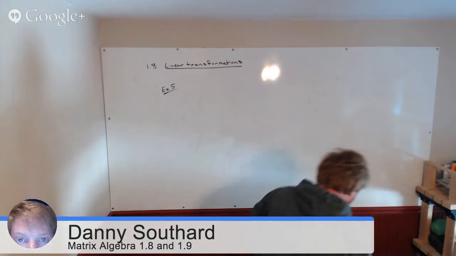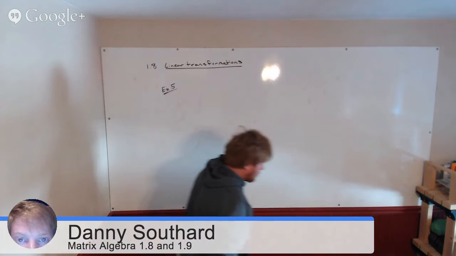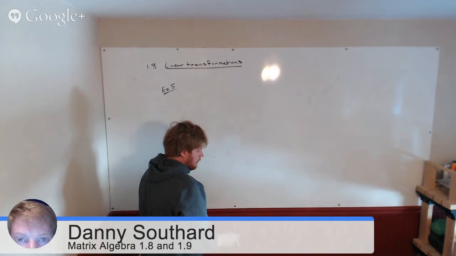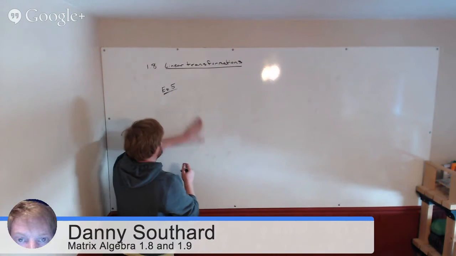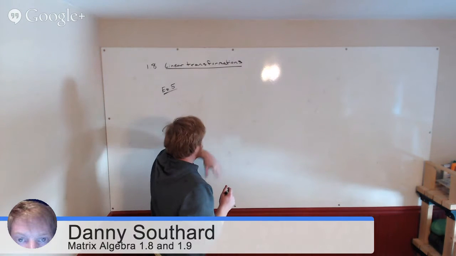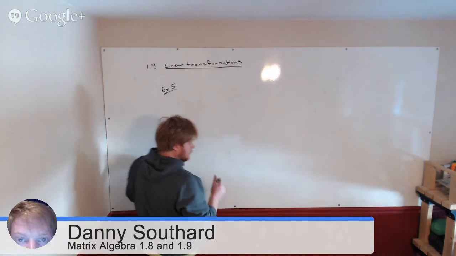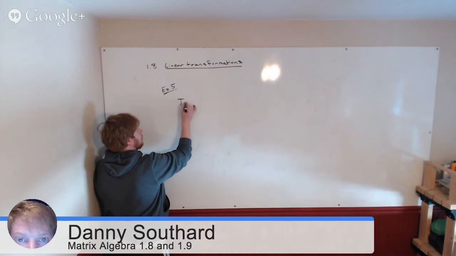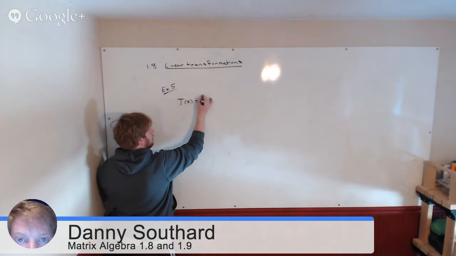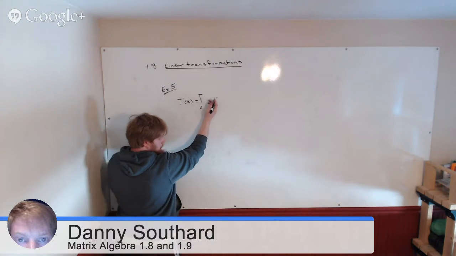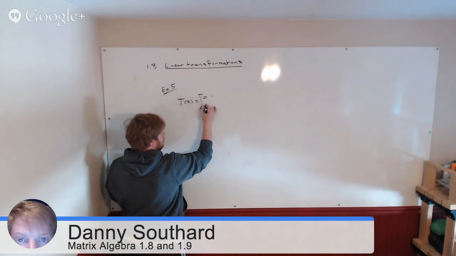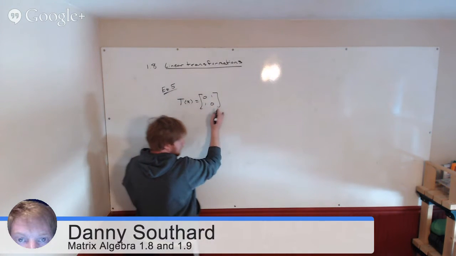All right. Okay, describe geometrically what T does to vectors U and V. So we're going to look at an example here, another sort of hint at an application. This time I'm just going to define a transformation as matrix multiplication.